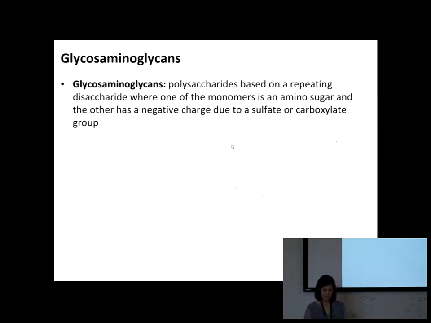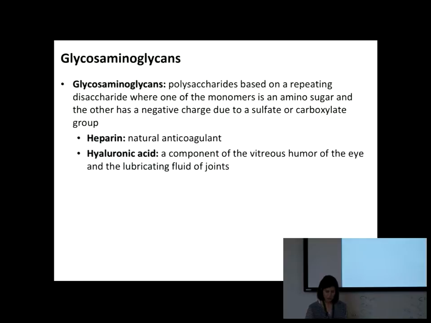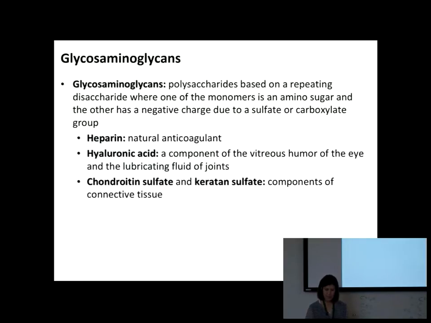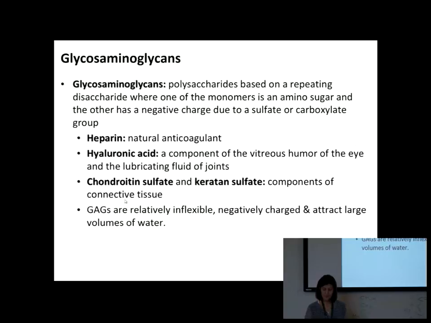Glycosaminoglycans are a group of polysaccharides that play a role in cell functions. You have repeating disaccharides where there's an amino group and the other has a negative charge. A few examples are heparin, hyaluronic acid, chondroitin sulfate, right? Connective tissue. That's why people might take supplements of that. And so they're relatively inflexible, these glycosaminoglycans, and very charged. So look at the name.